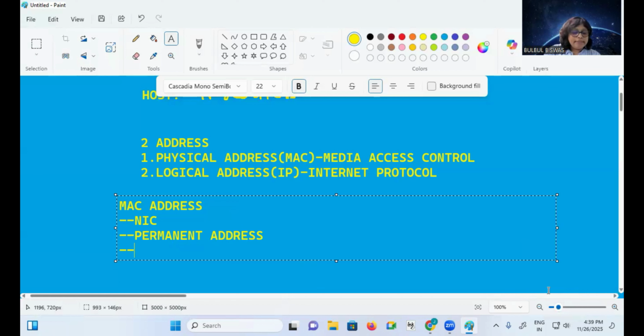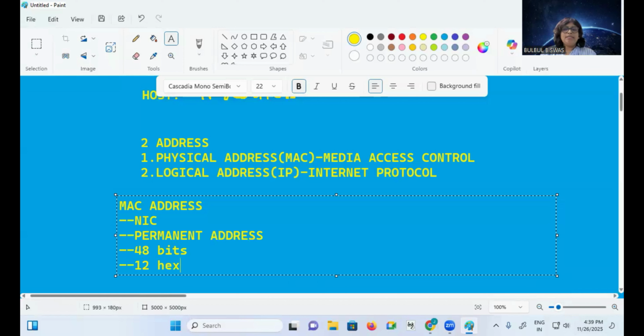And this address is of 48 bits. Everyone, we know in the networking industry the MAC address is of 48 bits and it is present on the network interface card. How do we represent it? It is 12 hexadecimal digits.